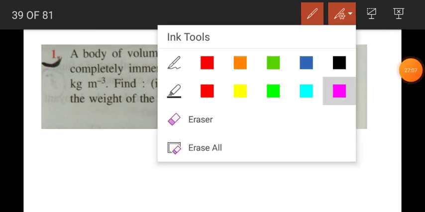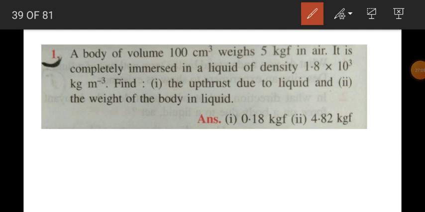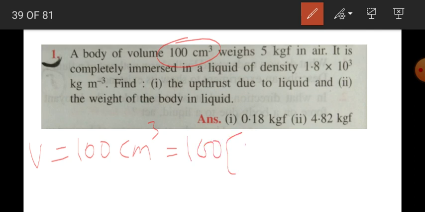So we have to convert this centimeter cube into meter cube. Centi value is 10⁻², this method will be a little easier I think. It is 10⁻³ cube.